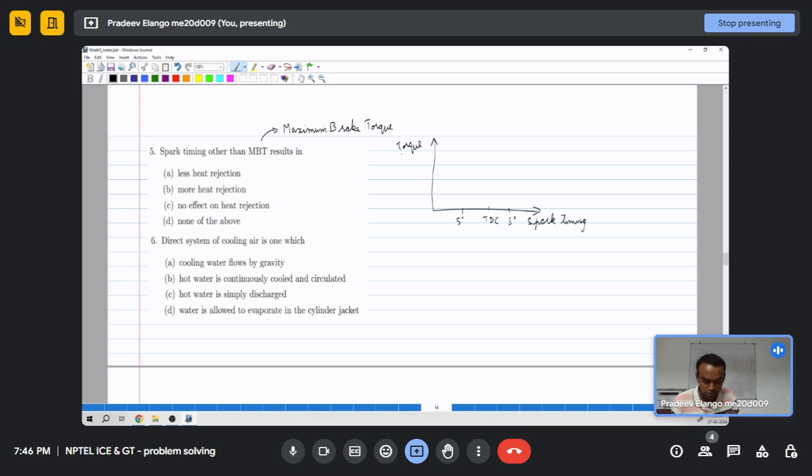The torque that you measure will be maximum at a certain point and then start decreasing, and this point is called the MBT spark timing or MBT point.